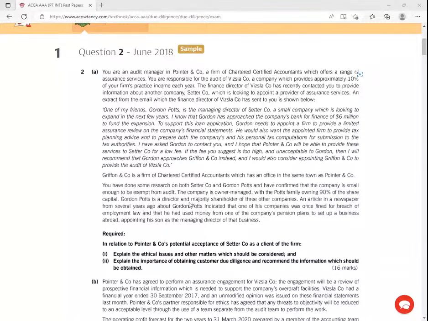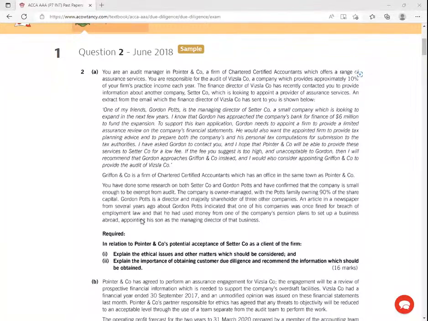Gordon Ports is a director and a majority shareholder of 3 other companies. An article in a newspaper from several years ago indicated that one of his companies was once fined for breach of employment law, and that he had used money from one of the company's pension plans to set up a business abroad.